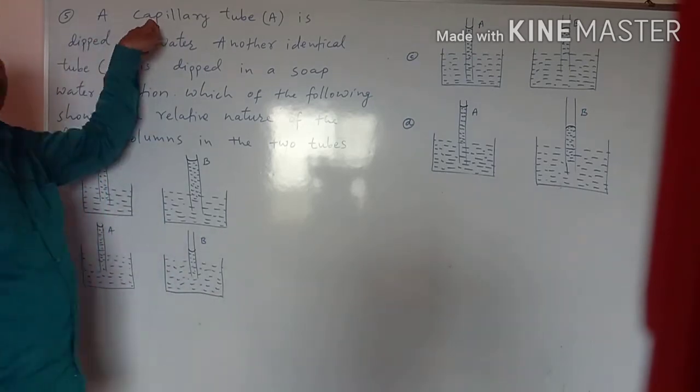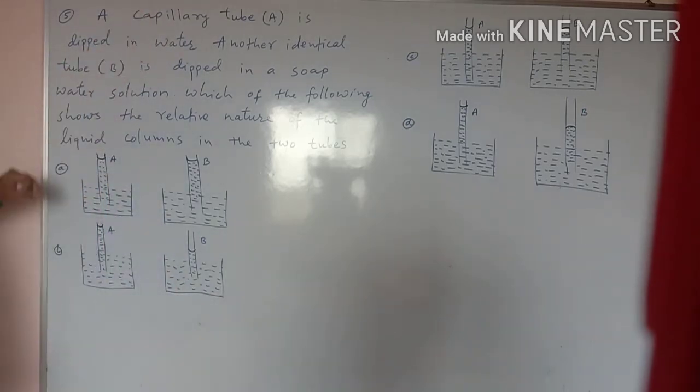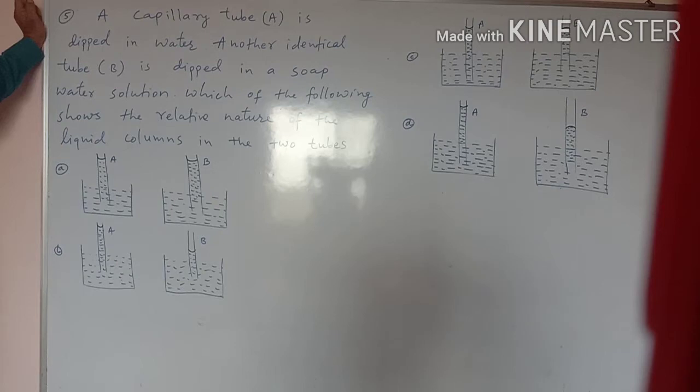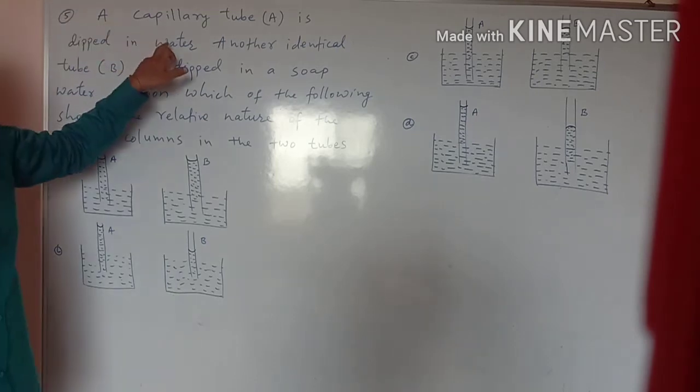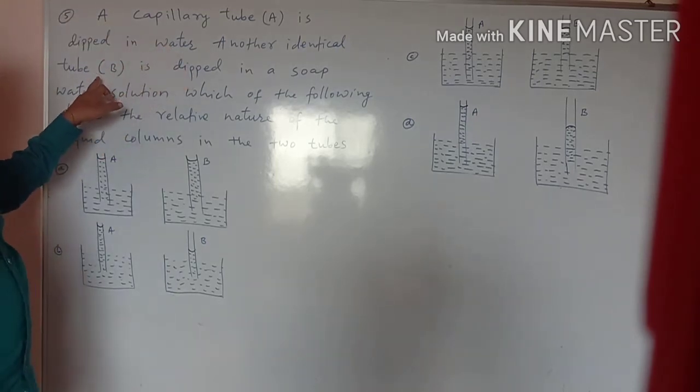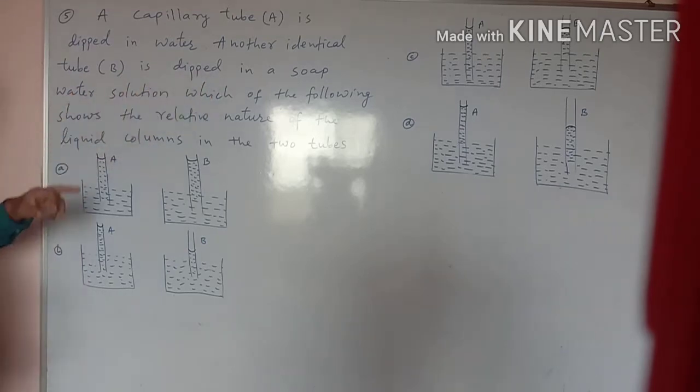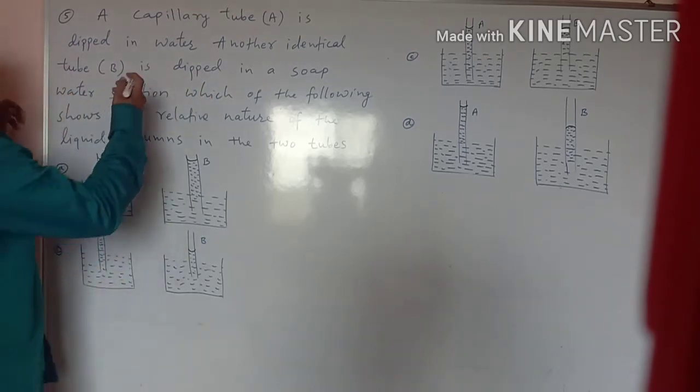So our next problem is related to the capillary tube. Now this capillary tube has a radius. Two types of liquids are used here. Water is there, and in another tube soap solution, that is soap water, is there.